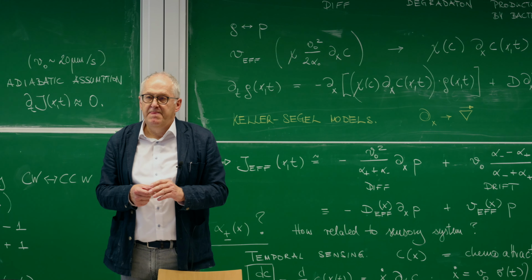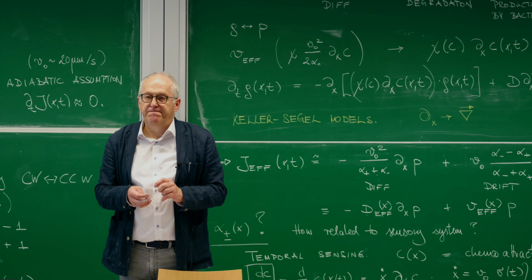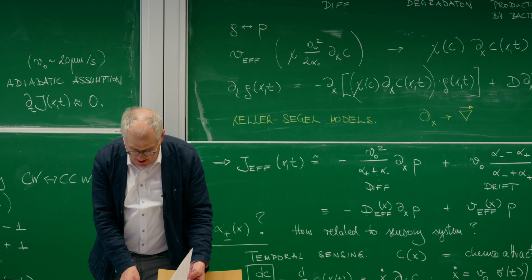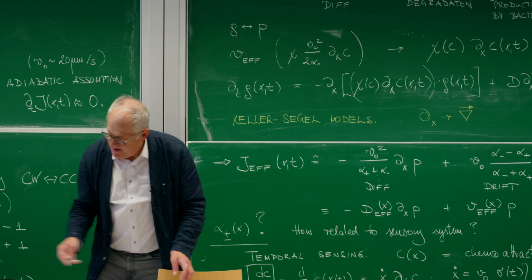So it's like a more refined version of this alpha minus alpha plus. Yes, it's a more refined version, and there are different options for what you can take here.